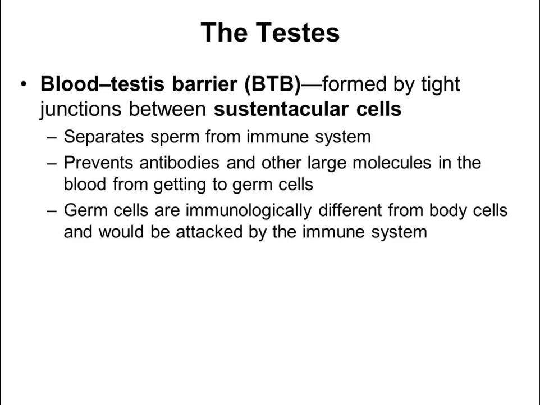And it prevents antibodies and other large molecules in the blood from getting into the germ cells, because the germ cells are immunologically different from the body cells, and they would be attacked almost as a foreign invader by the immune system. So we have this barrier that prevents basically the body cells or antibodies or these things who might not like these germ cells from getting in and literally destroying them.